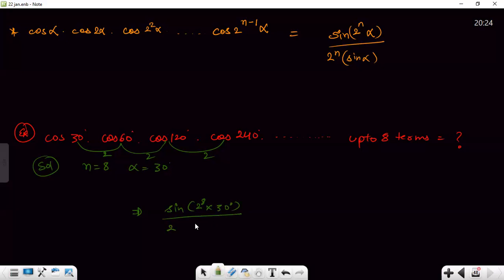Divided by 2 raised to the power n, which is 8, times sine of alpha, which is 30 degrees.